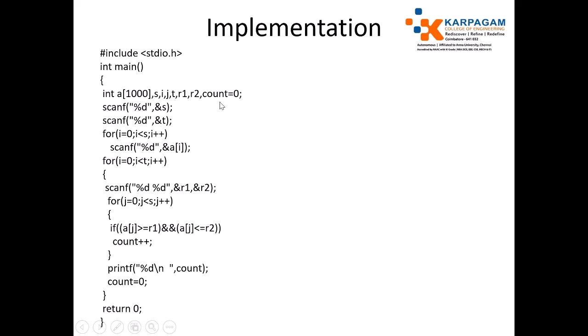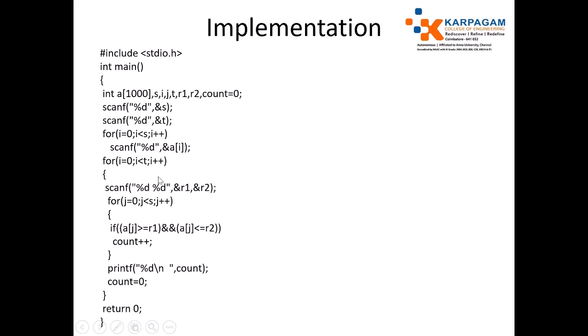For maintaining the number of rock samples available I use a counter variable which is initialized to 0. I get the size of the array and the number of queries by using the scanf statement. I get the array elements, the rock sample values, by using the scanf statement inside the for loop.